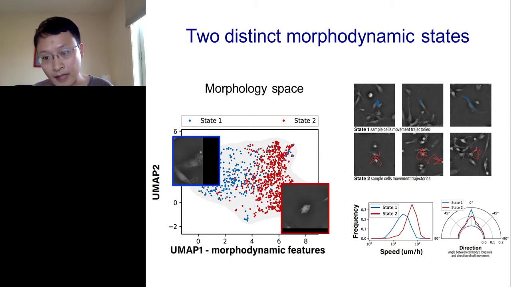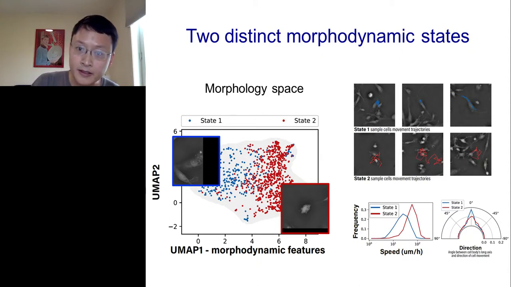Whereas it's clear from our analysis that these red cells in state 2 are much faster when they move. And when they move, they're also moving in more of a random walk in all the different directions. So these are the kinds of things that are now very easy for us to quantify and describe because we have this very precise data-driven morphology space of these trajectories of the cells.